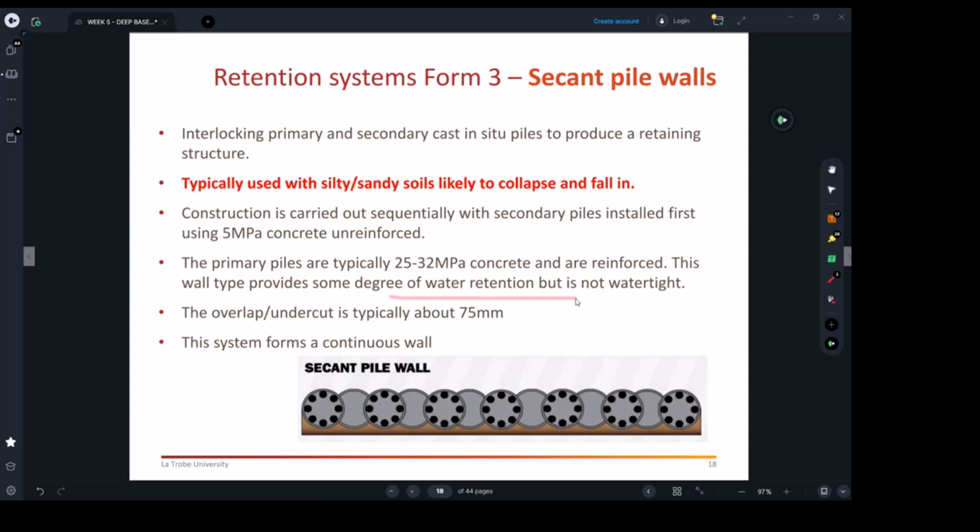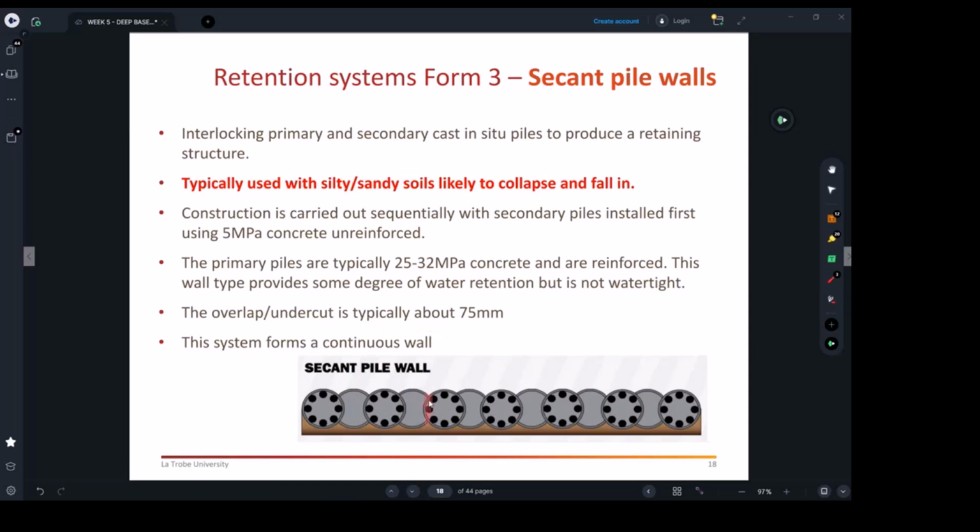This type, as we discussed, gives you much better water retention. If you've got a water table, or if this is a project that must be built within the wet season, when you've got water levels up, you just use this, and they use these methods in wet areas as well. All right, so the overlap and the overcut is about 75 mil.